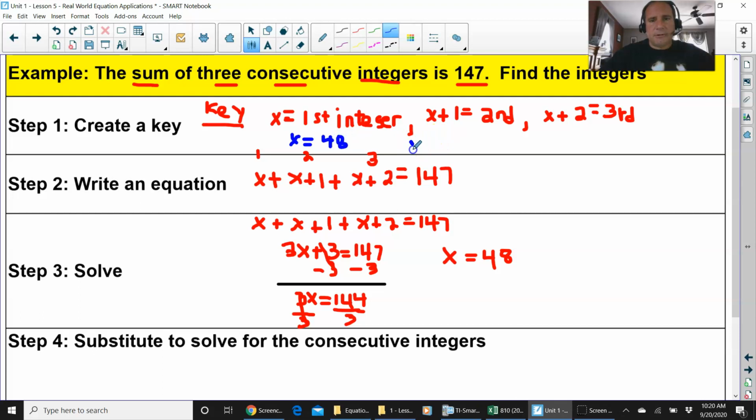Then I'm going to put x is 48 for the second integer plus 1. And that for the second integer is 49. 48, 49. You know the next one should be 50. X is still 48 plus 2 is 50.